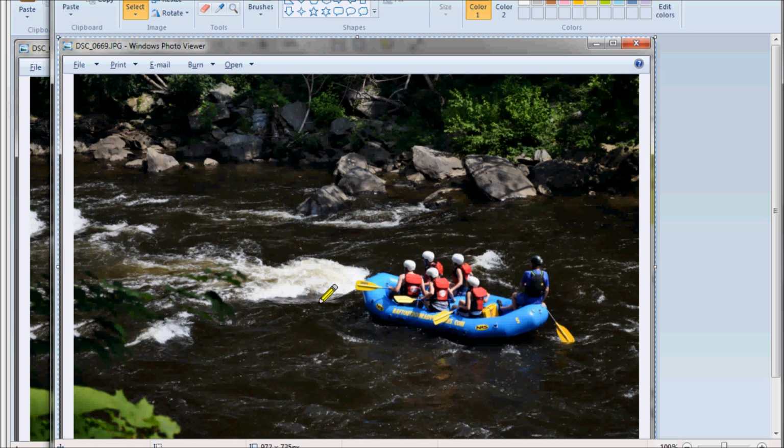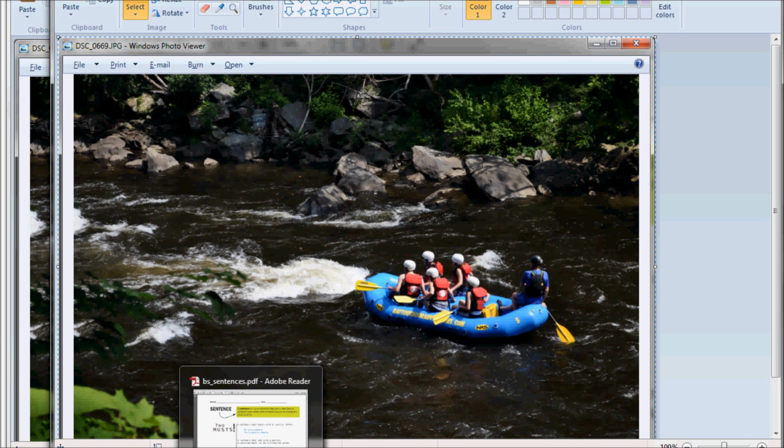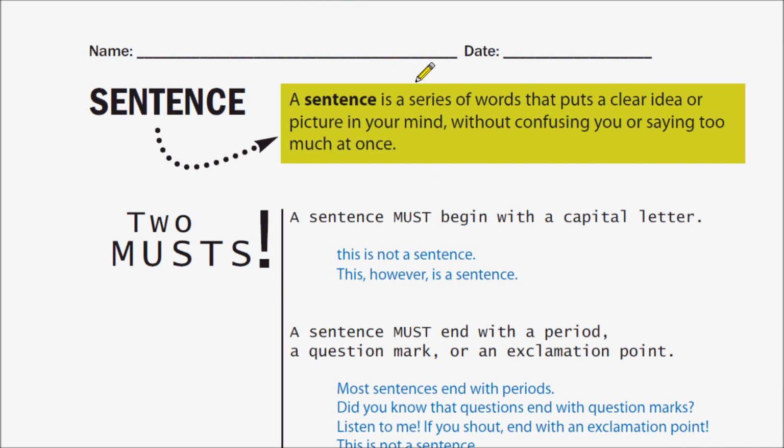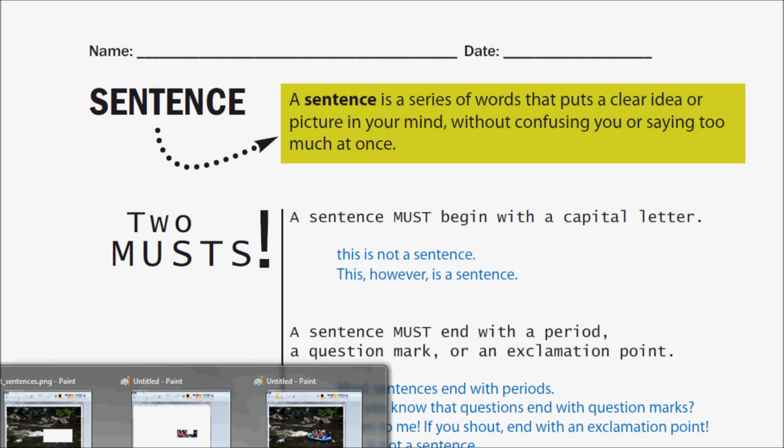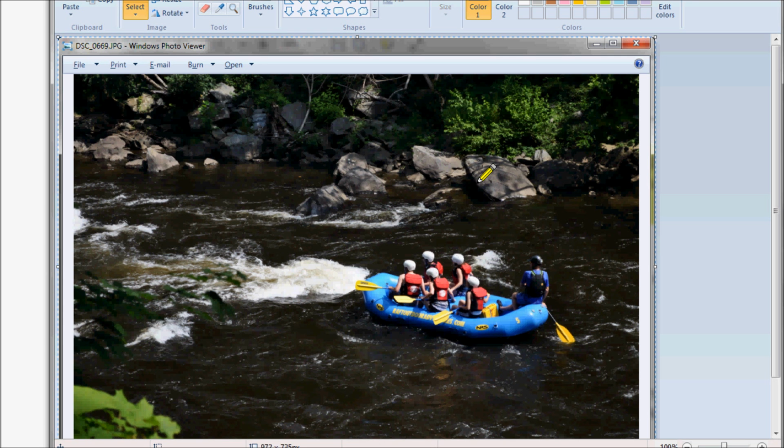And the other thing in this definition is here, without saying too much at once. Okay, now if I go back to this picture here and I say six people on a raft are going down the river, the weather is warm, it was in Kentucky in the middle of summer, I really like ice cream, my mother likes ice cream too, my mother has two dogs and my brother has three dogs, and I really like cars and my car is blue, and okay, you're going to go whoa, whoa, whoa.